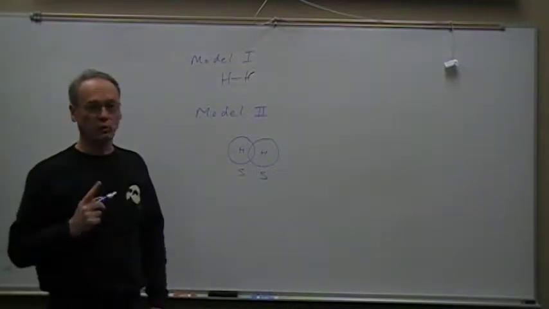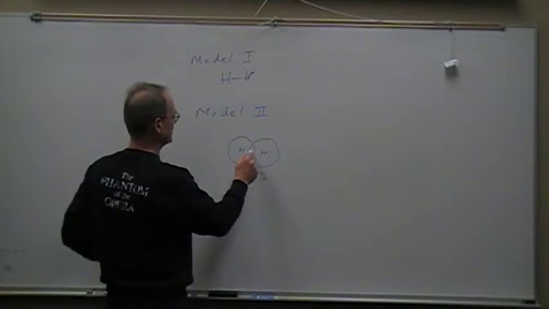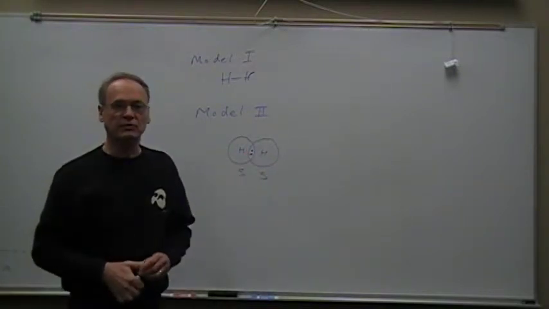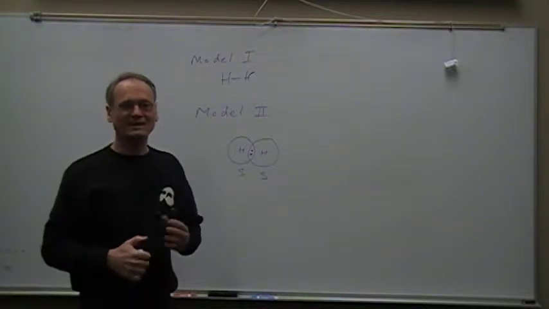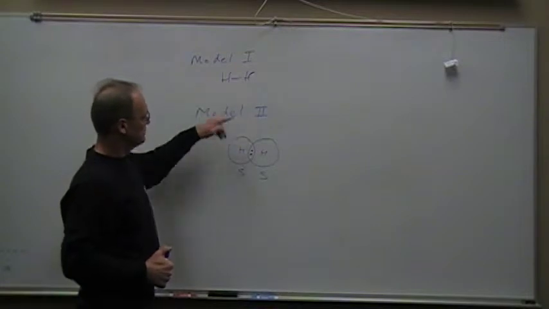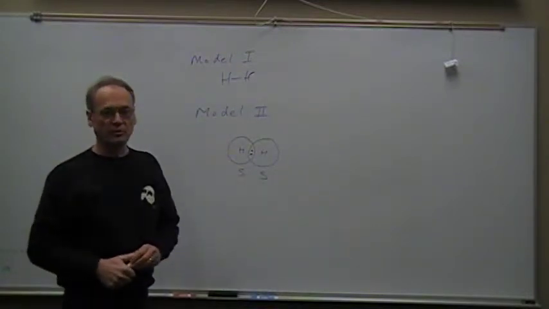Each one of those has one electron because the valence of hydrogen is 1. So we bring those two orbitals together, and in essence each one thinks that it has 2 electrons in it, so it follows the duet rule. That's the basis for atomic overlap, and it's essentially why we draw the structure that way, because the hydrogen shares 2 electrons. Now what about model number 3?